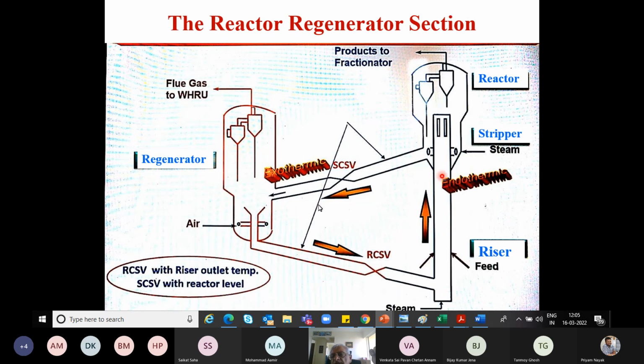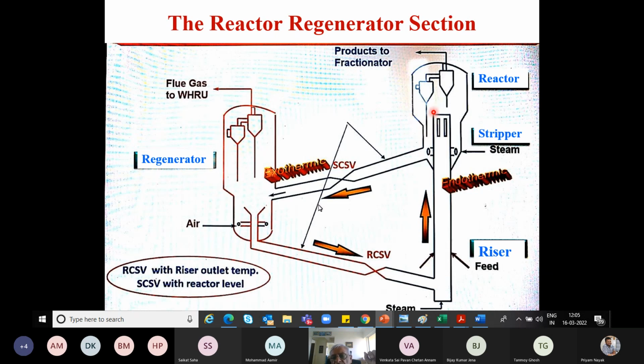And by the time it goes up, it gets cooled down to whatever reactor temperature you're operating. So it might go down from 700 to something like 500. And this delta T of 200 degrees Celsius is made up by the regenerator, where the carbon, when it gets burnt, generates heat, which is enough to heat up the catalyst in order to sustain the endothermicity of the reaction.